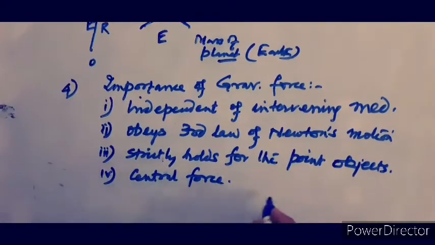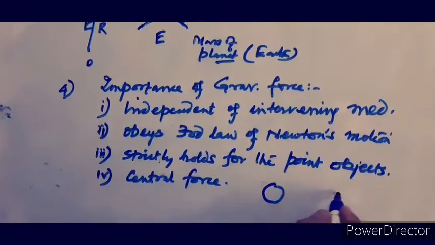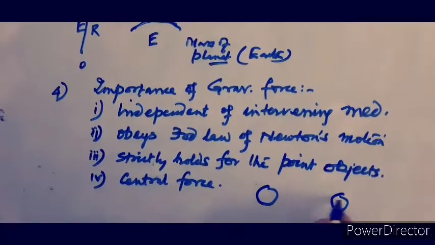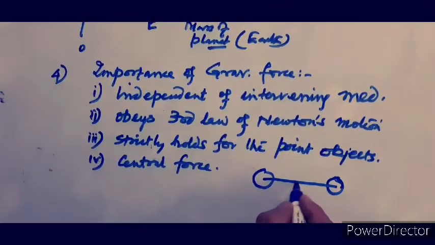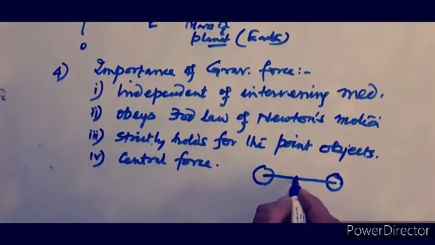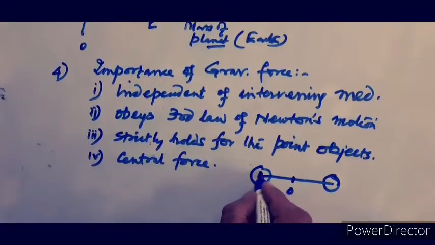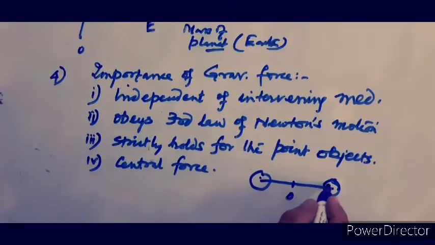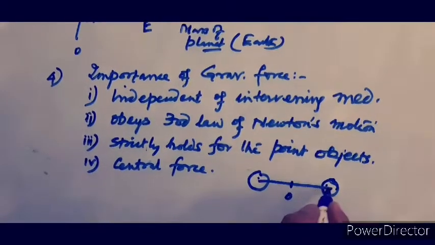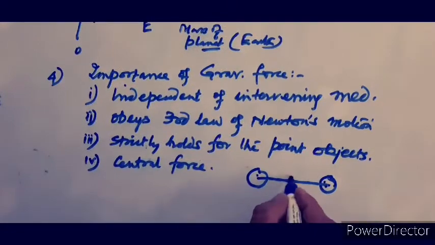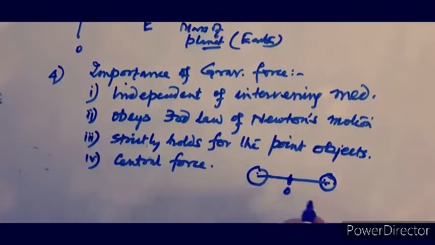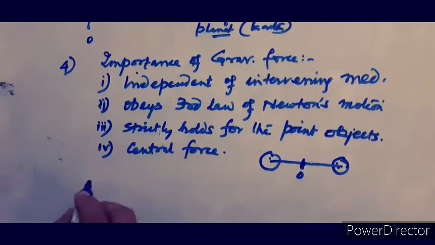Central force means this particular object is there, here another object. The line joining these two objects, the midpoint, is the central point. The force by which this is attracted by this, and the force by which the second object is attracted, always tends towards the central point. That is the meaning of central force.